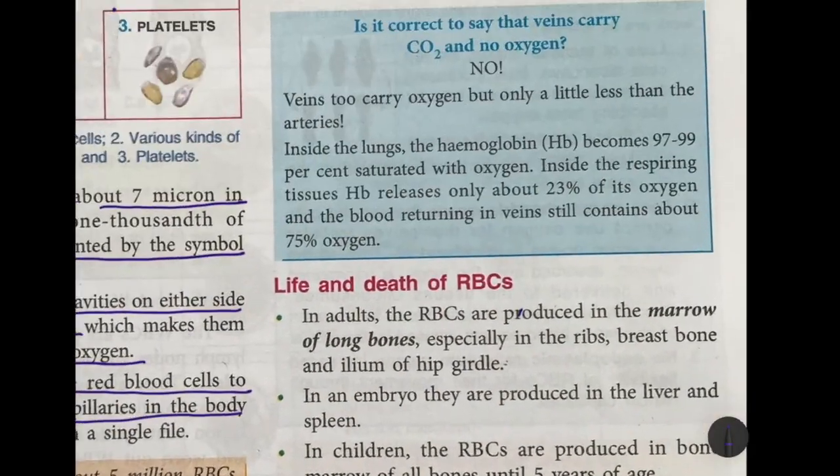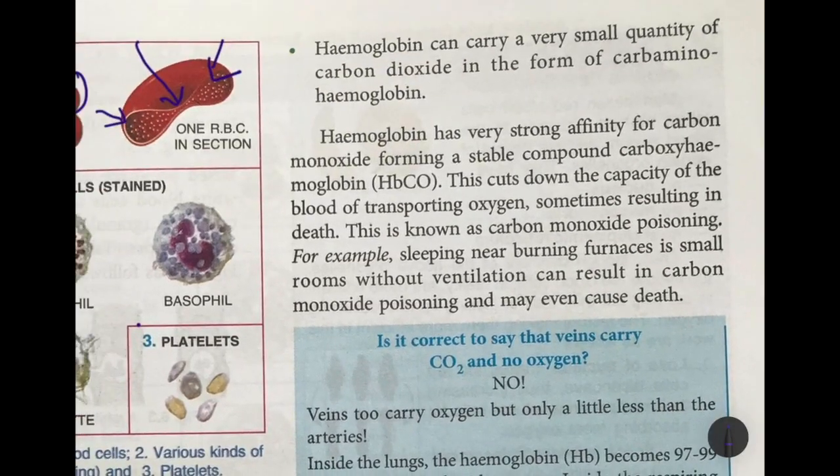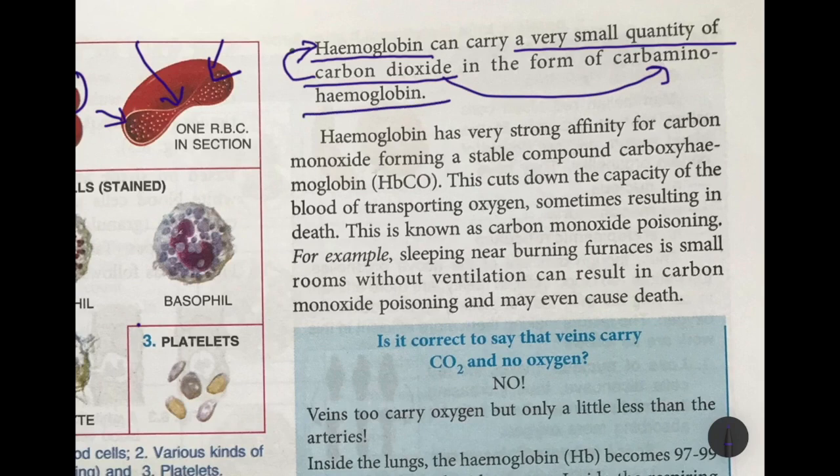Okay, so now when we talk about hemoglobin, remember, hemoglobin also combines with carbon dioxide, but a very small quantity of carbon dioxide combines with hemoglobin to form carbaminohemoglobin, and it is carried to the lungs.